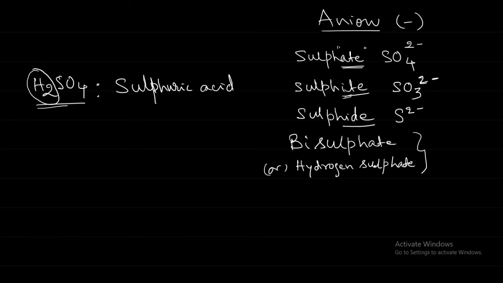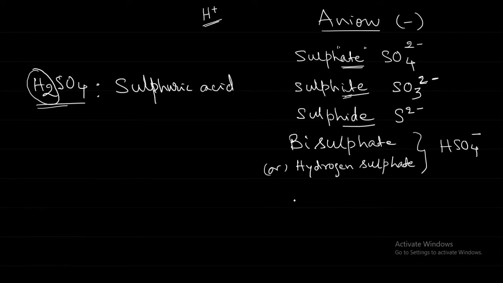Hydrogen sulfate means you are adding one hydrogen to sulfate, SO4. What will be the charge? Minus 1, only a single negative, because we are adding one hydrogen. This hydrogen will come in the form of H plus, and there are two negative charges. So 2 minus plus 1 becomes minus 1. So bisulfate or hydrogen sulfate is HSO4 minus.